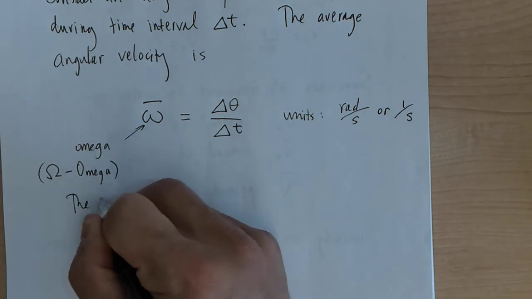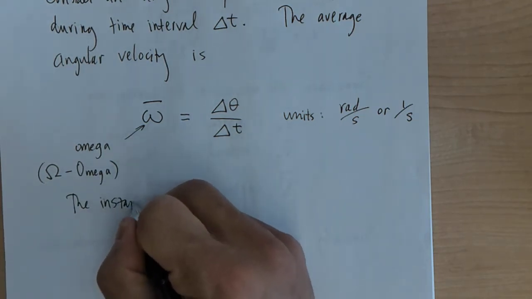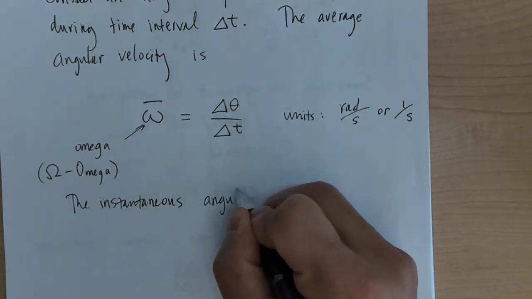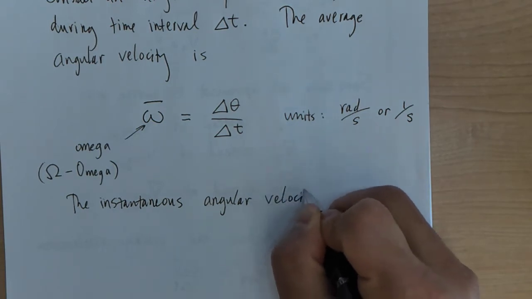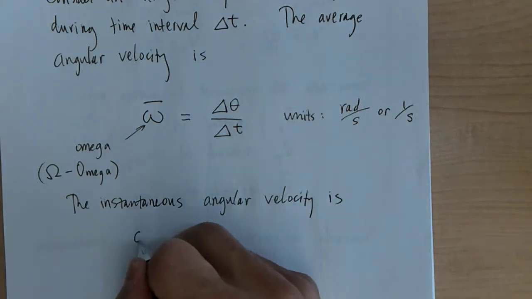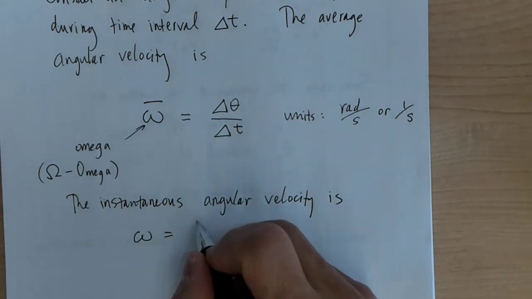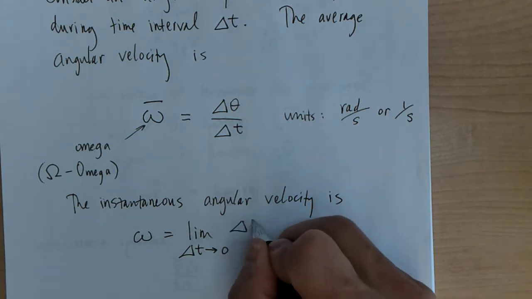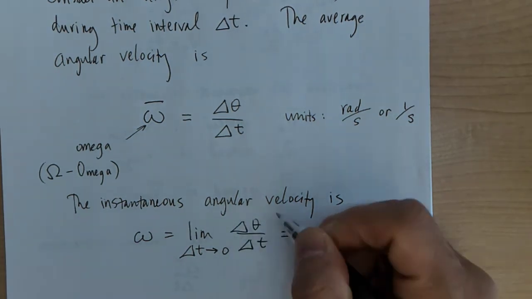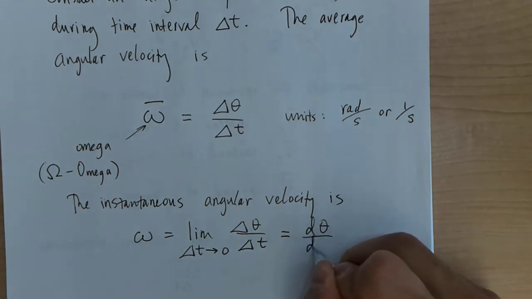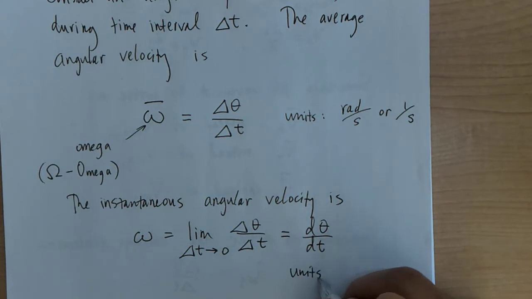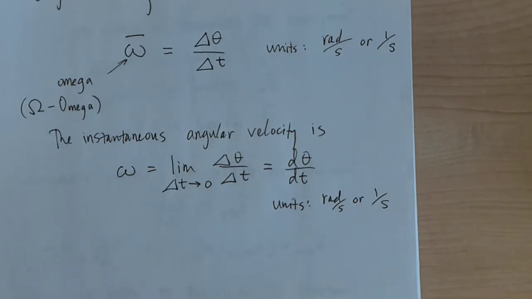The instantaneous angular velocity is omega without the bar, without the average. The limit as delta t goes to 0 of delta theta over delta t. And this is just the time derivative of theta with respect to t. And again, this has units of radians per second, or just inverse seconds if you prefer.